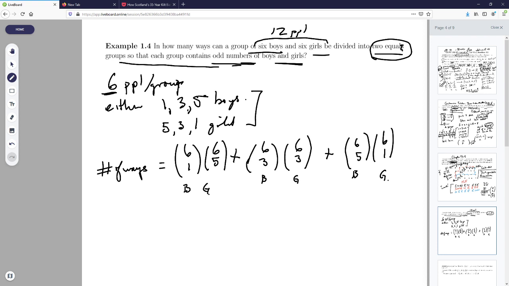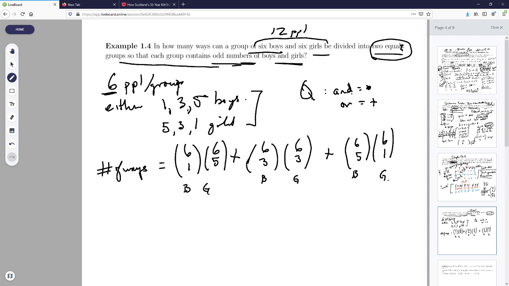So here's the way to think about it. The question is whether you use an and conjunction, which is multiplication, or an or, which is addition. If it's or, then you need to add. If it's and, you need to multiply.